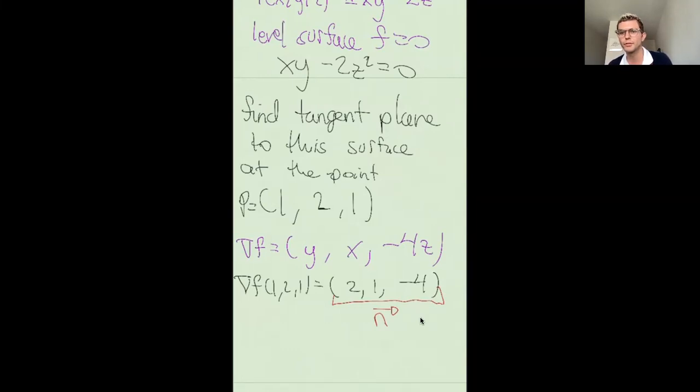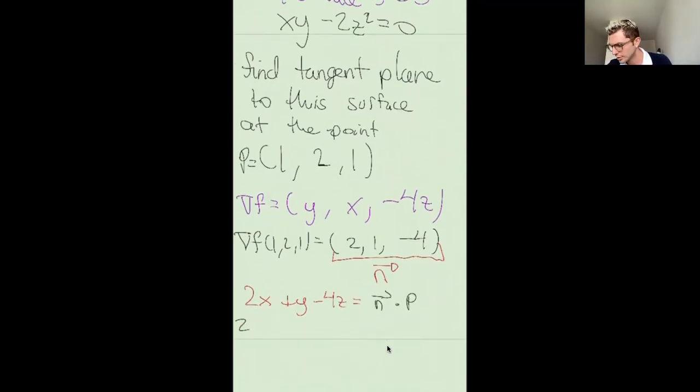So does anyone remember the equation of a plane? It would be 2x plus y minus 4z. What do I have to put on the right-hand side of the equation of a plane? Anyone remembers this? You can think of it as a dot product between the normal vector and the point.